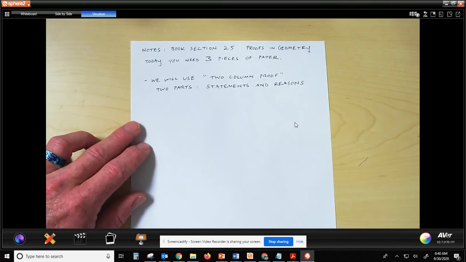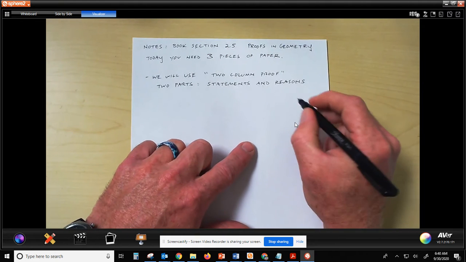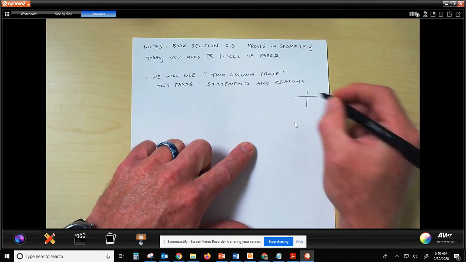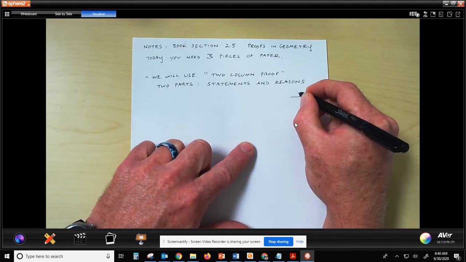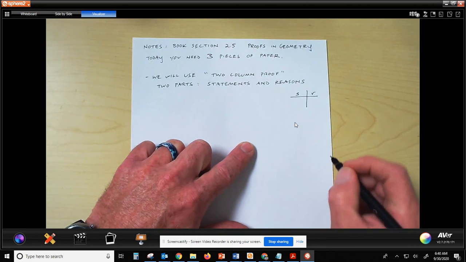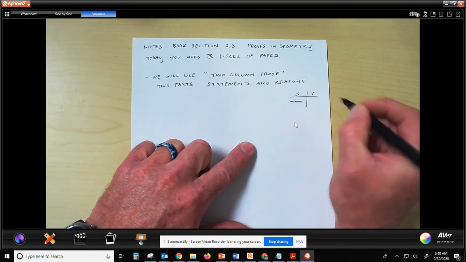So there's 2 parts of a 2-column proof. And a little picture of it, it's going to look like this with statements on the left and reasons on the right. And you will put things in 2 columns.